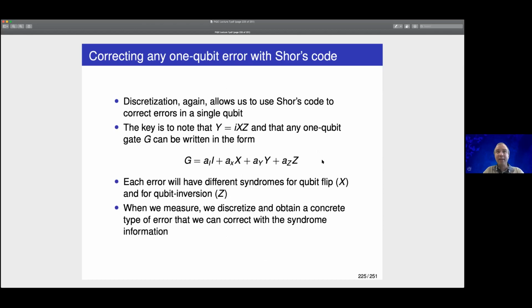And with this, the good thing is that, well, maybe you can think that we are only protecting against phase inversion and qubit flip, but there may be other errors. Well, the thing is that with this code, we can protect against any possible error that occurs on just one qubit. Why? Because I'm not giving you here the most general model of errors.